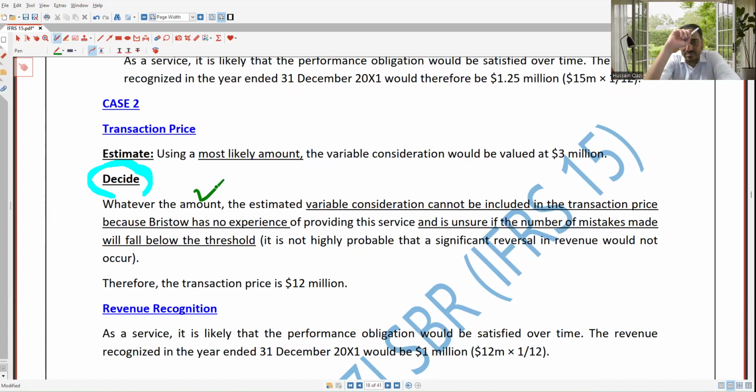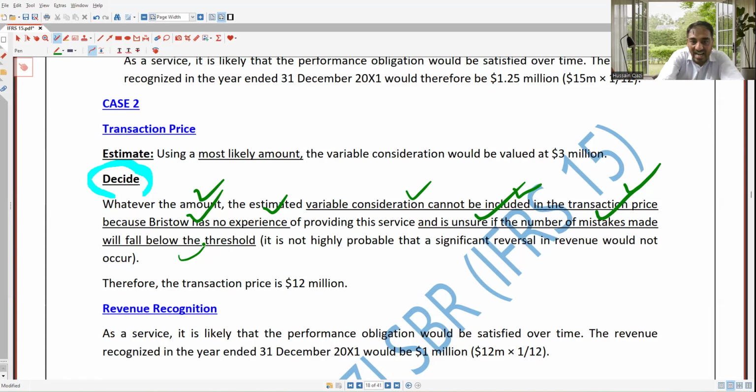Whatever the amount, whatever the estimation, the variable consideration cannot be included in the transaction price, because Bristow has no experience of providing the service and is unsure if the number of mistakes made falls below the threshold.